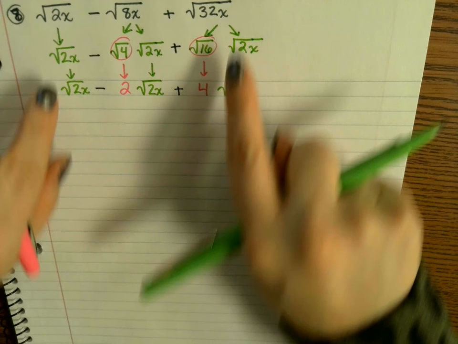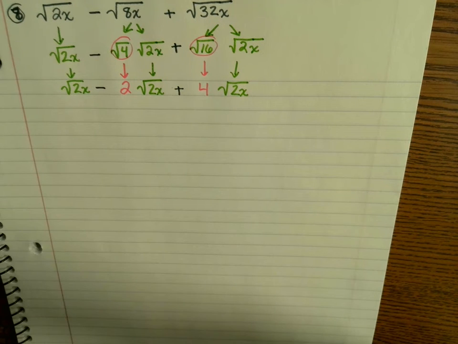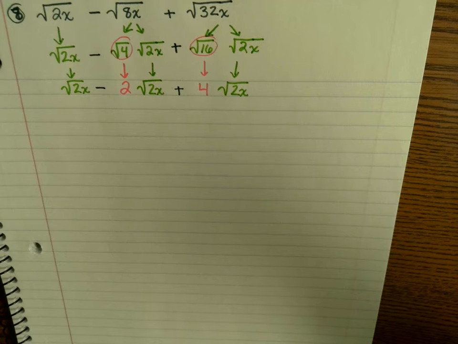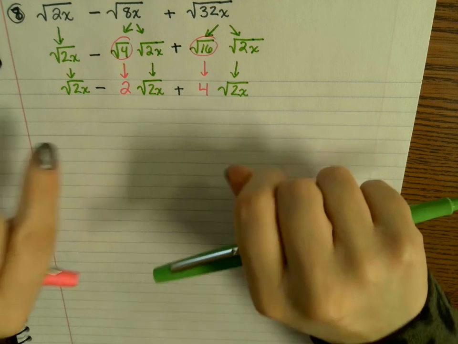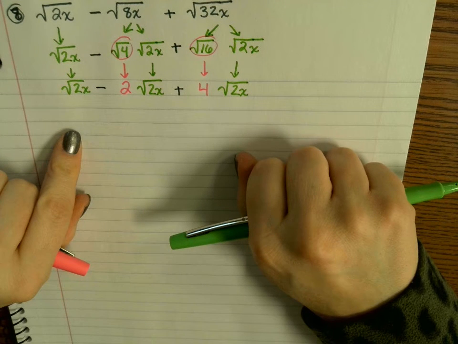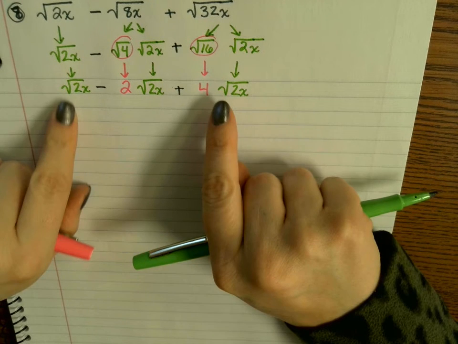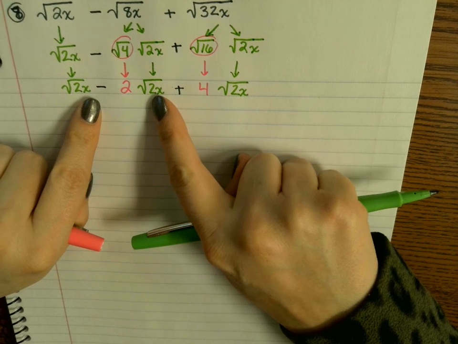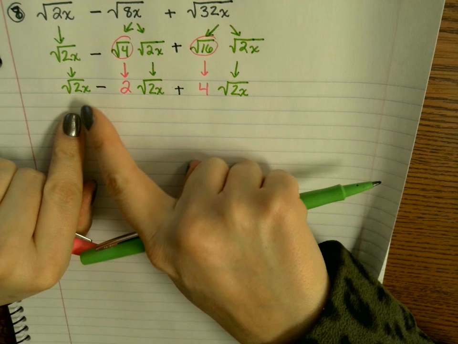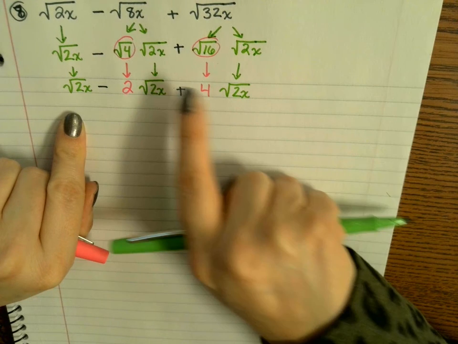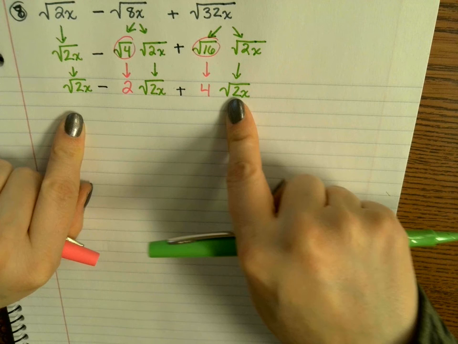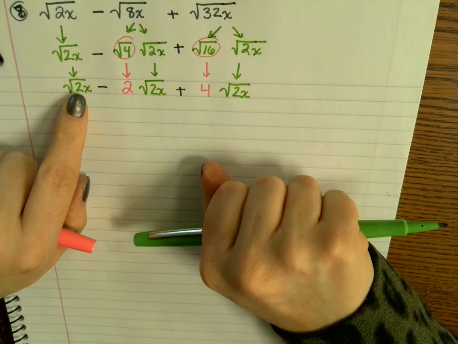Now I got to check to see, can I combine? Yes, I can, right? In fact, can I combine all of them? Yes. They all have like terms of 2x inside of their radical. We've got square root of 2x, square root of 2x, square root of 2x. However, the first one is the only one that doesn't have anything written in front of it.